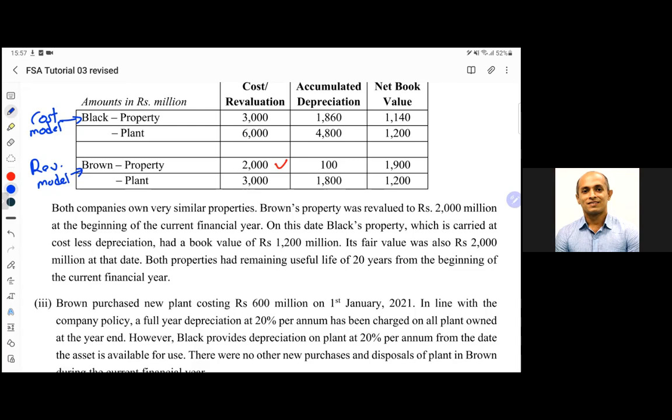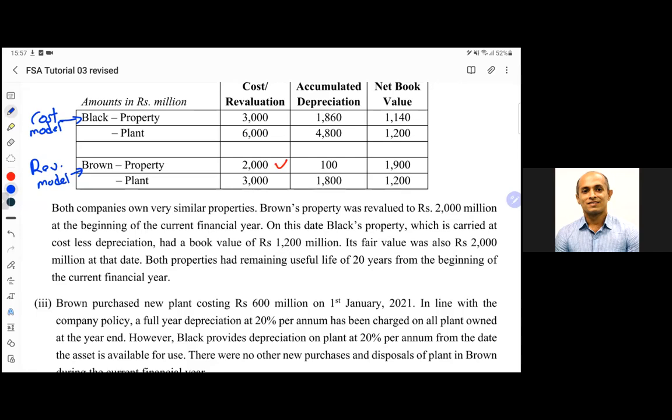Now let's see the other information given. On this date, Black's property had a book value of 1,200 million. Its fair value was 2,000 million at that date.